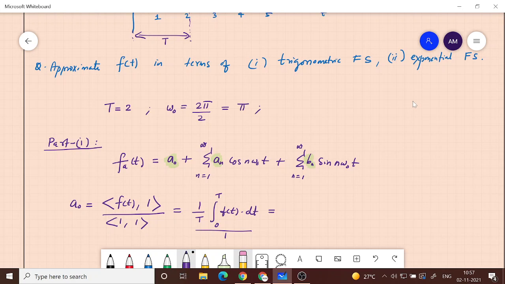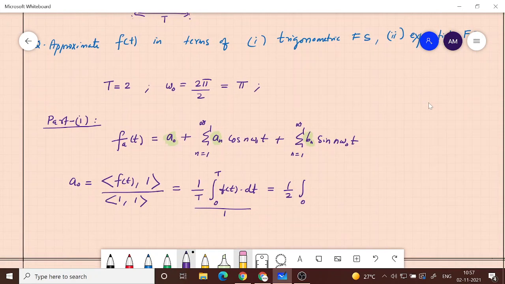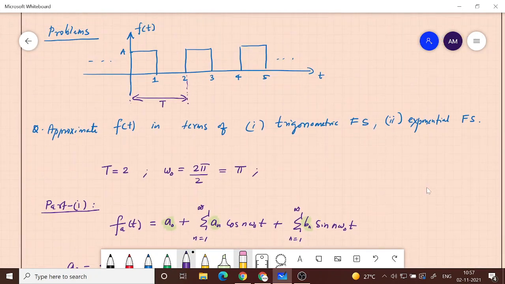So the T value we have said it is 2. So 1 by 2 integral, if you look at f of t over 0 to 2, I need to integrate from 0 to 2, but if you look at the function, it is equal to a constant A from 0 to 1, and then it is 0 after that.